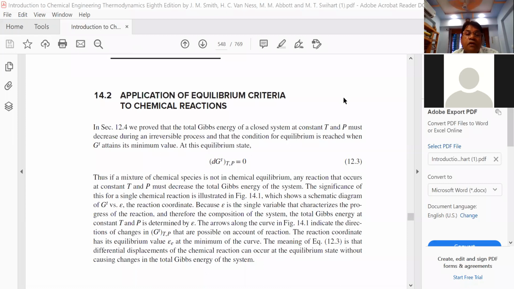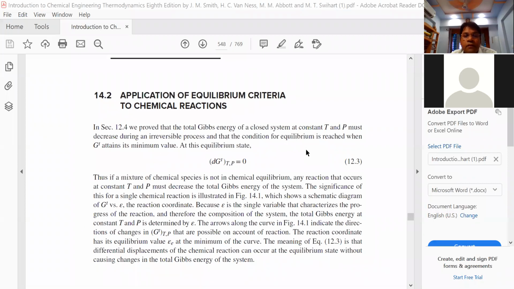So far we have learned about the reaction coordinate and mole fraction, how the reaction coordinate or extent of reaction relates to mole fraction for single reaction, and for multiple reactions you have understood. Now let us see the criteria of chemical equilibrium in terms of Gibbs energy.